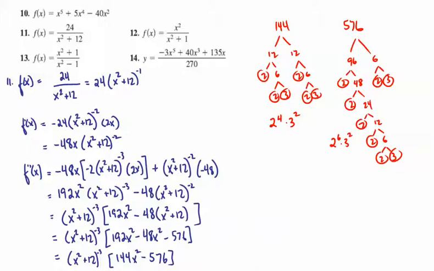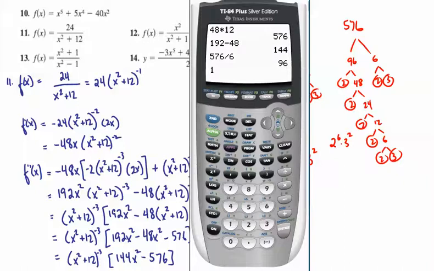And so we take one of each factor and find the lowest power of each, and so that becomes 16 times 9, which is 144.